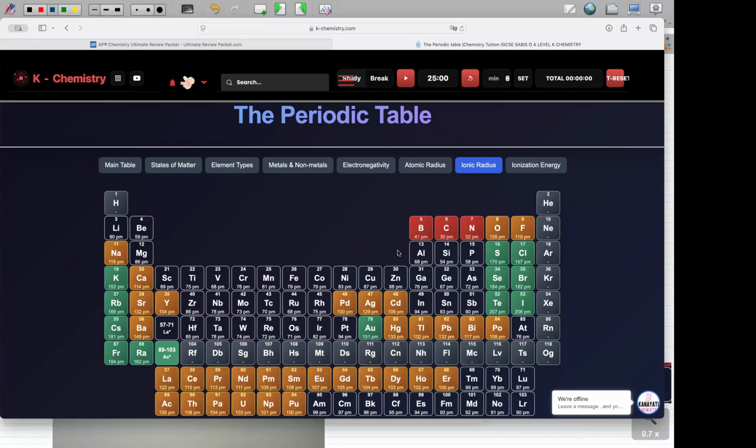When you go to the right here, the ionic radius follows a different trend, because I see here in the metals, it keeps decreasing. So sodium decreases, as long as you are still on the metal side. This is the metals and non-metals.